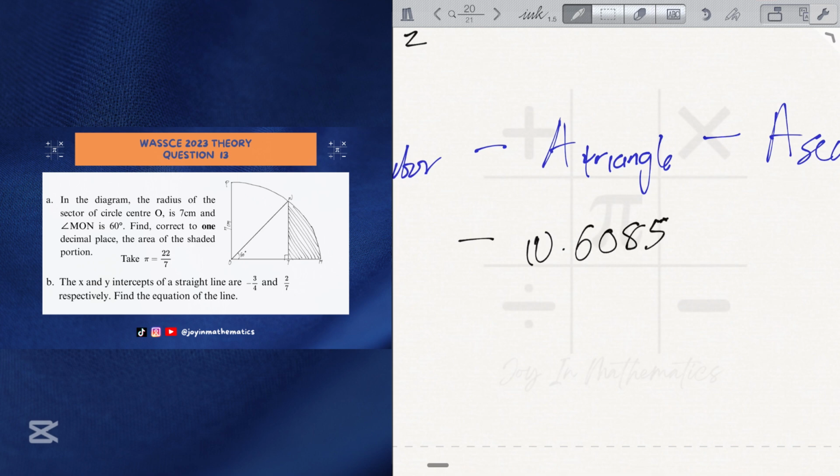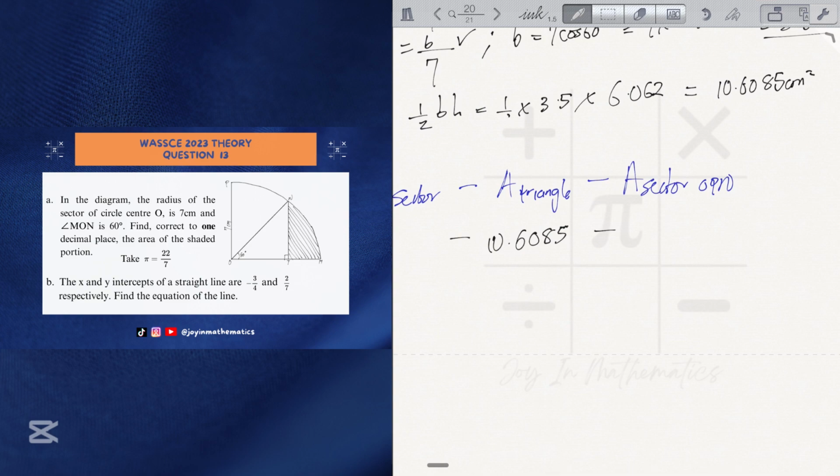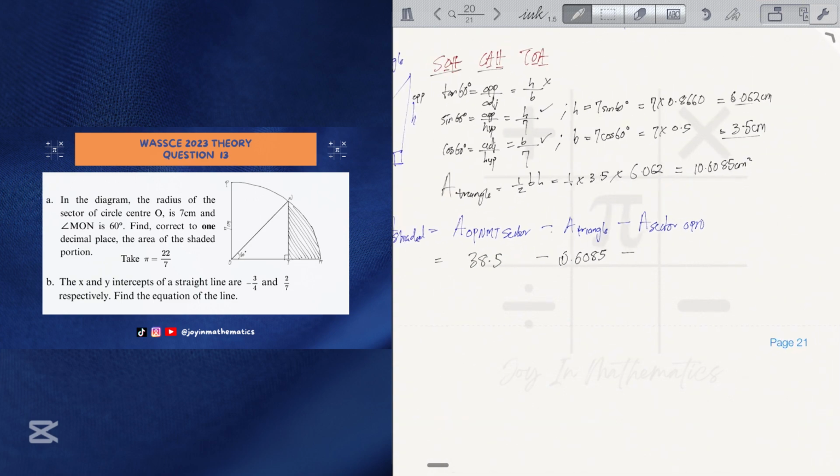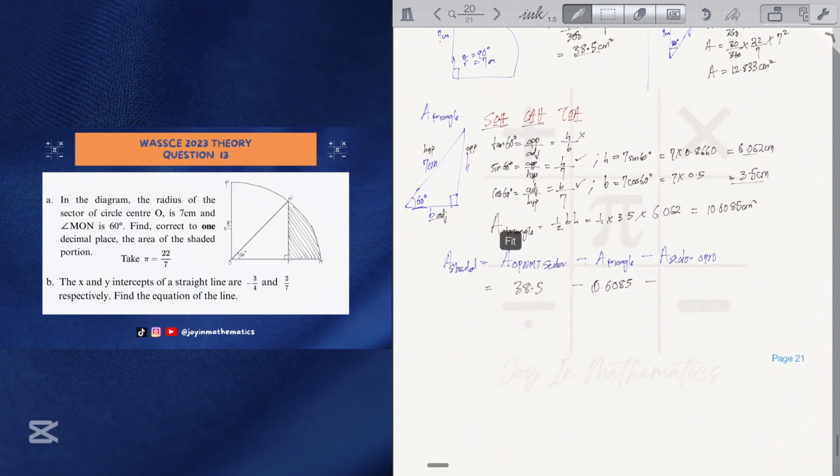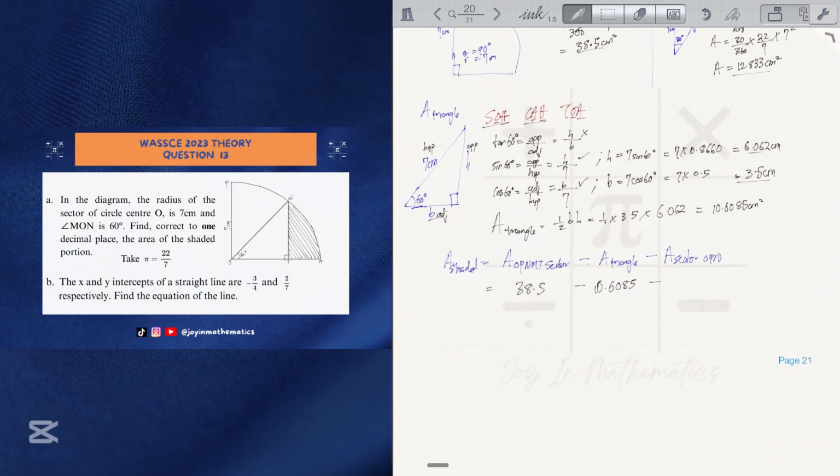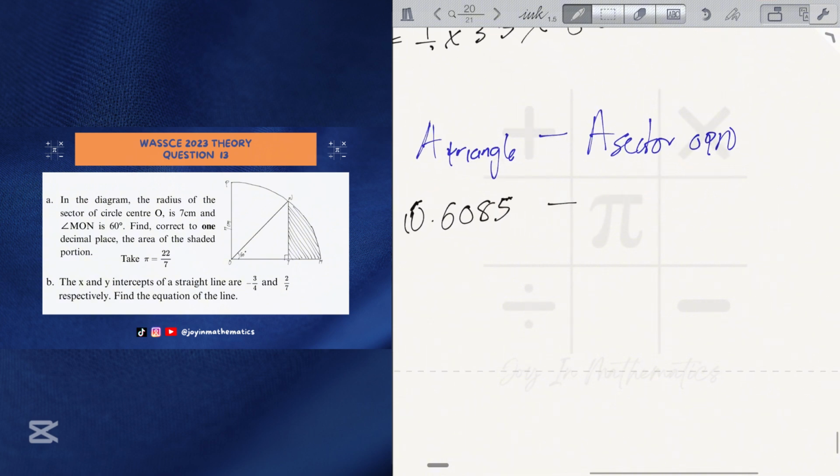10.6085. And the area of sector OPN, which we evaluated, is 12.833. Let's erase this first. Is 10. So we have 12.833, and the unit is centimeter squared.